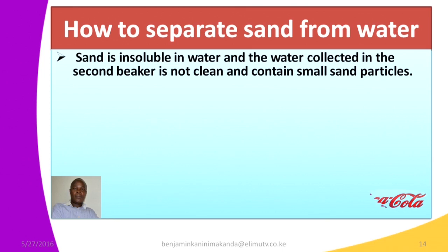One drawback with this method of separating sand from water is that the water that is obtained is not pure, because part of the particles of sand also escape along with water, especially when they are very light. So this method of separating sand from water, we call it decantation. It is known as decantation. And decantation is also called sedimentation. So, are you able to describe what sedimentation is?